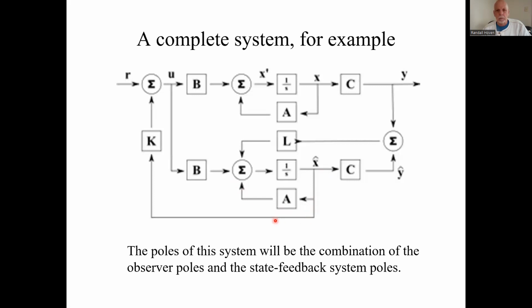Here's the output of the observer, which is the estimated state variable. It goes back and we get that state feedback gain K. And anyway, the poles of the whole closed loop system are just going to be a combination of those 2 sets of poles: the poles we placed for the control part and the poles we placed for the observer part.